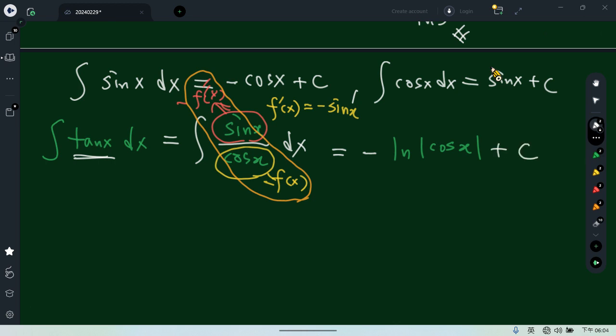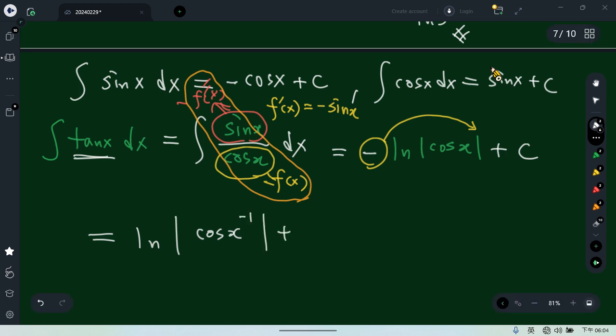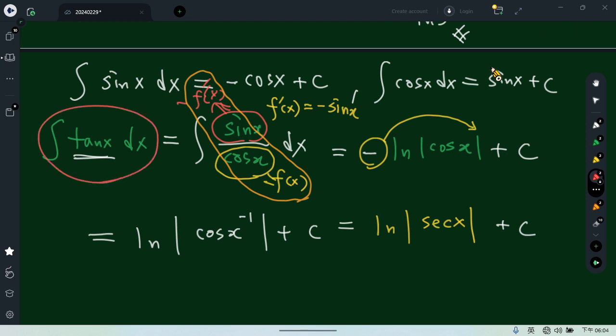At the same time, we can move the minus to here, so the result can also be regarded as ln of the absolute value of cosine x to the power of minus 1 plus c. So it can also be regarded as ln of the absolute value of secant x plus c. Either you regard this as this one or this one.